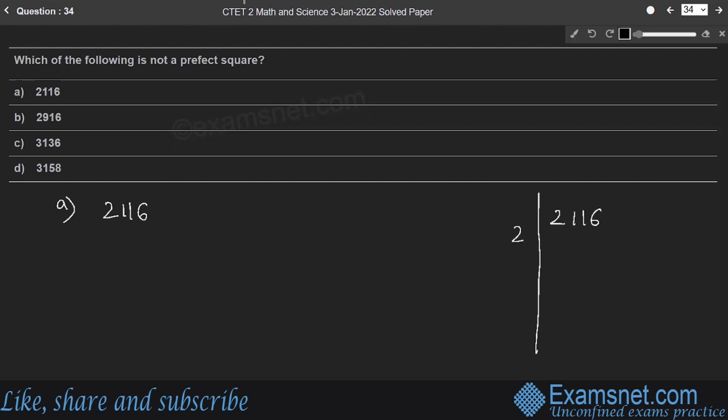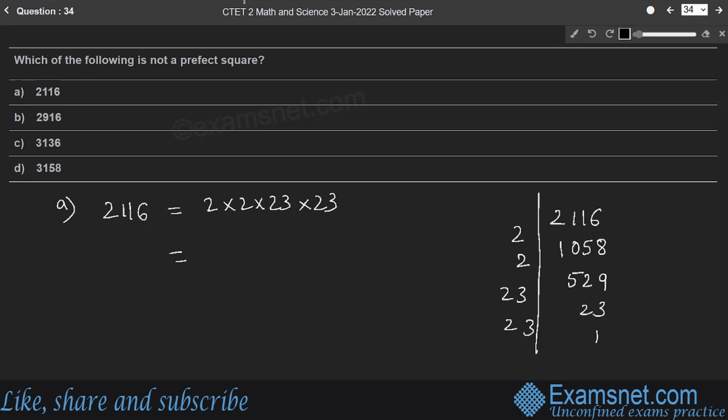That is 2 into 1 is 2, 2 5s are 10, 2 8s are 16, 2 5s are 10, 2 2s are 4, 2 9s are 18. Similarly, 23 into 23 is 529, 23 into 1 is 23. 2116 is equal to 2 into 2 into 23 into 23.